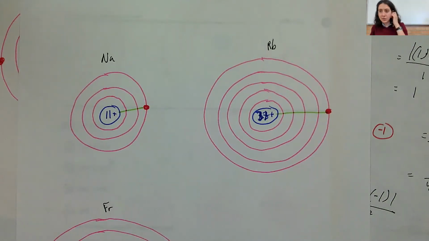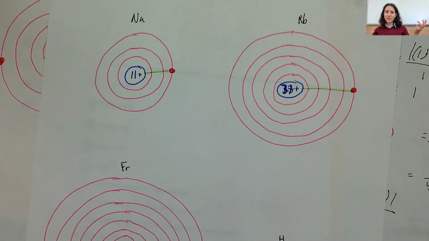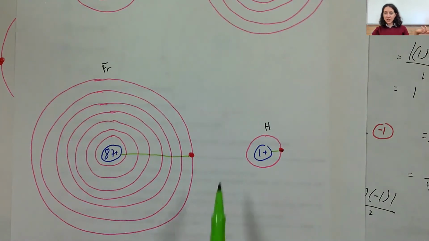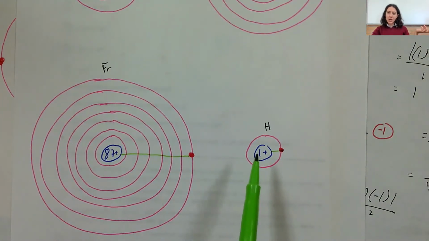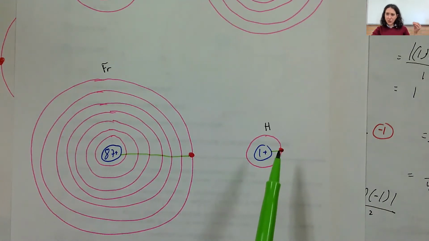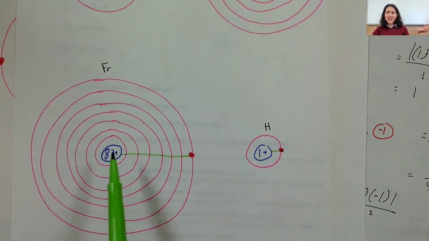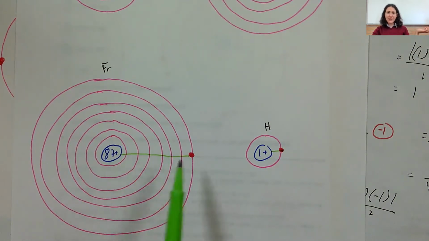So there's two factors here that we have to deal with. Each of them has a different distance from the center, the radius of the atom is different, but they also have different charges. So how do we know what's more important? For example, hydrogen only has a +1, but that valence electron is super close. Francium is a +87, that's huge, but its electron is really far away.